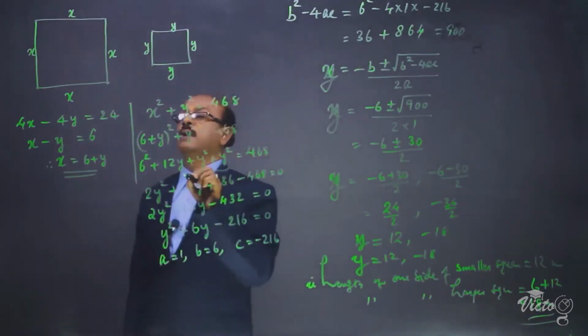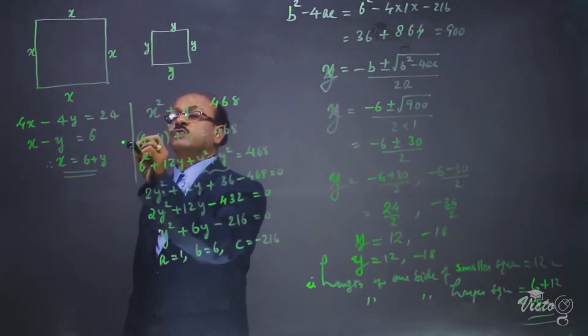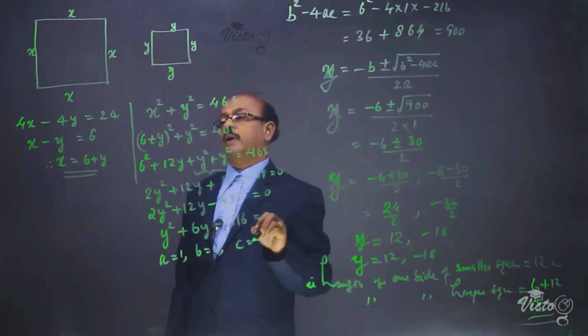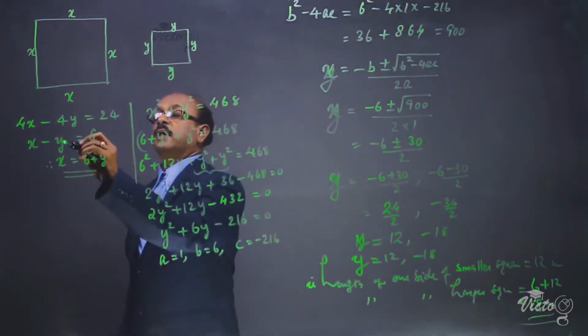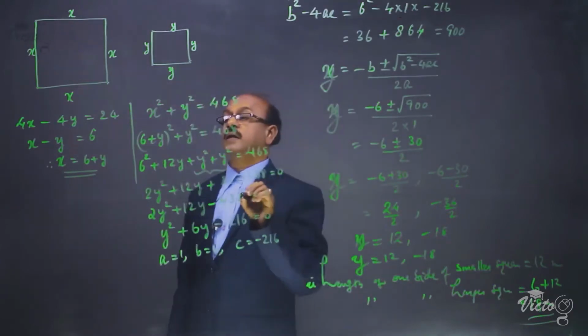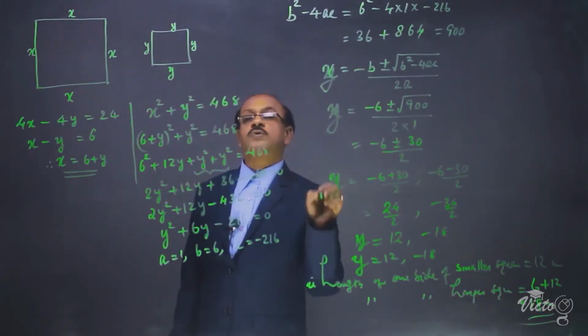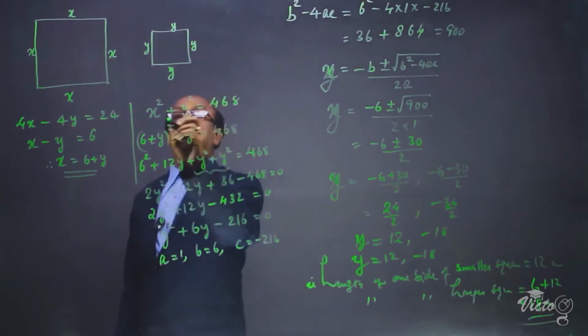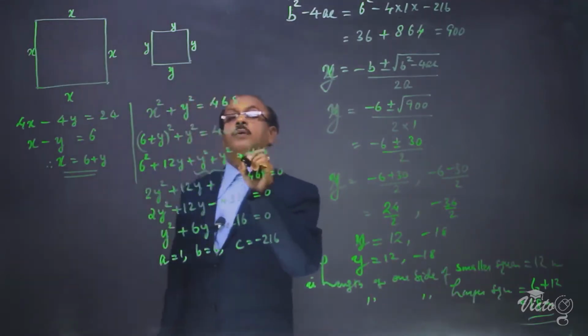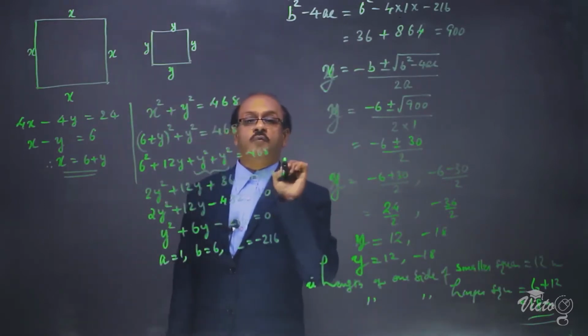From this equation, we are getting a simple equation x minus y is equal to 6, dividing throughout by 4. Now we can convert minus y to this side and x is equal to 6 plus y. That is, we are getting the value of x in terms of y. So we put the value of x is equal to 6 plus y in this equation. Now we are obtaining a quadratic equation in one variable.